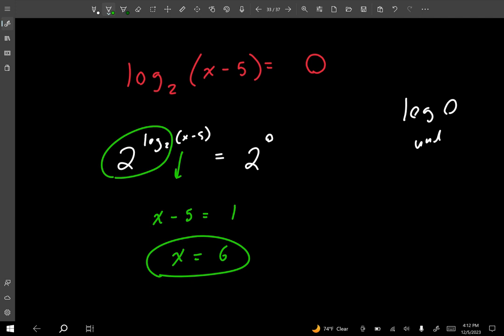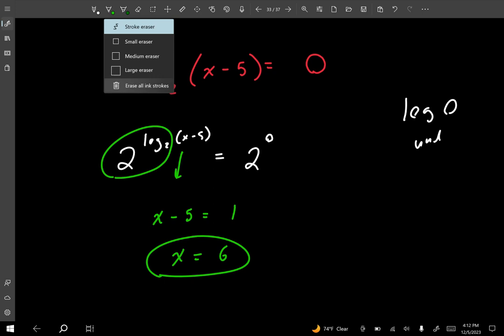Okay, let's do one with a natural log in it. Let's do natural log of 2x minus 1 equals, let's say, let's keep it with the same kind of thing as last time.